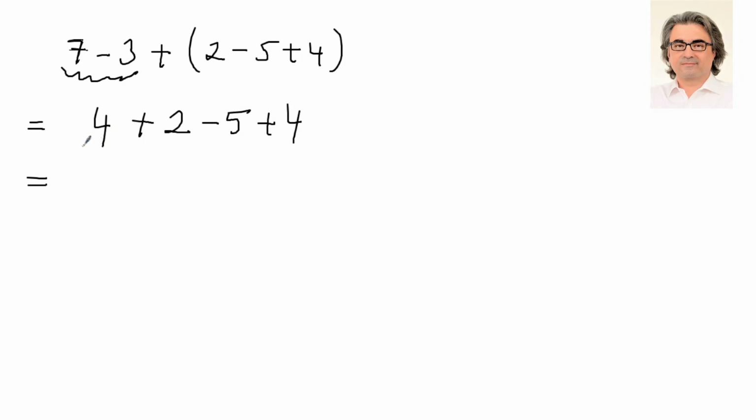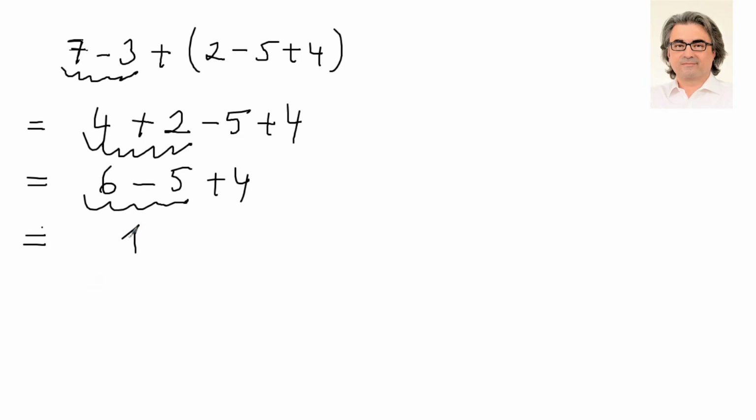Then make the operations starting from the left side of this operation. Plus 4 plus 2, they have the same sign, so the summation of them is 6. The result is plus 6. Minus 5 plus 4 again. Plus 6 minus 5. They have opposite signs. The difference between them is 1.